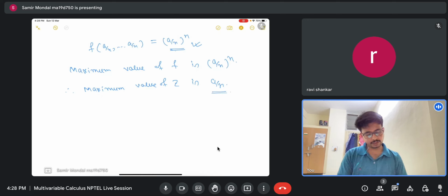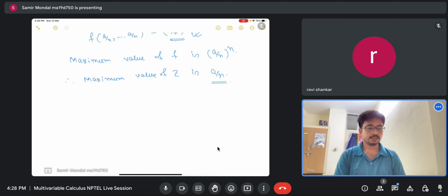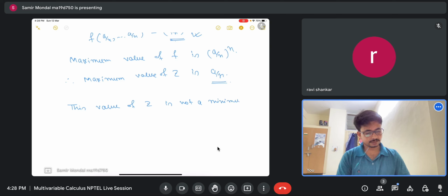Our claim is this one. If you want to write mathematically that this is not a minimum, you can write: suppose this value of z is not a minimum, because z can be made arbitrarily small by choosing x1 close to 0.